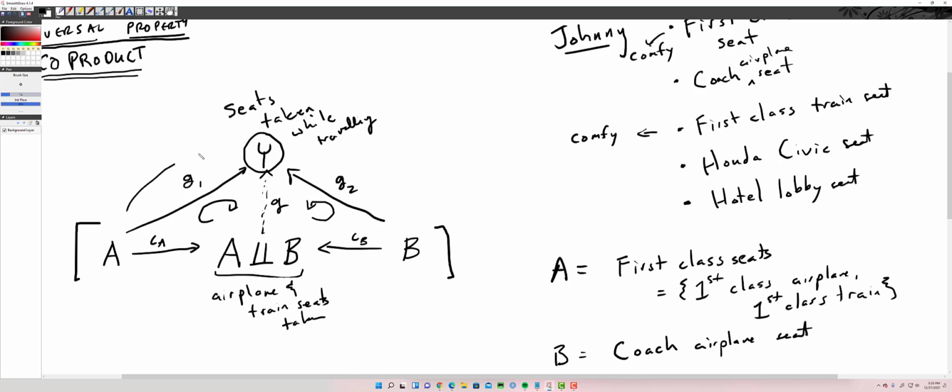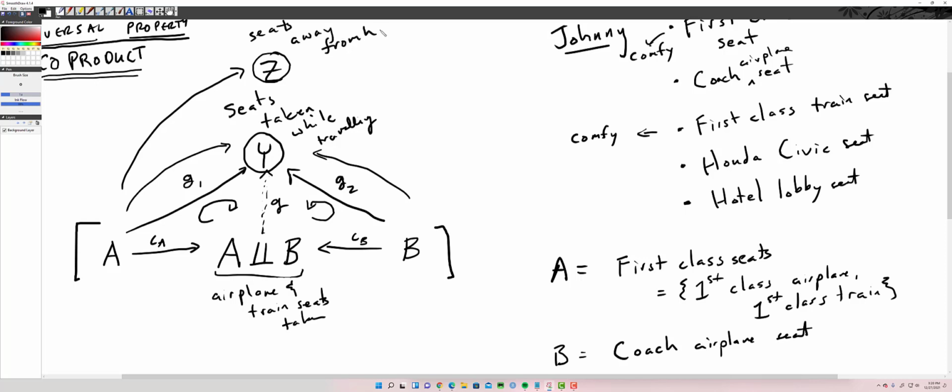But you could also include these in this less specific set, I should say, of all the seats that he took while he was traveling. And even further, right? I could include this in all the seats he took while he was away from home. Seats away from home. Right?